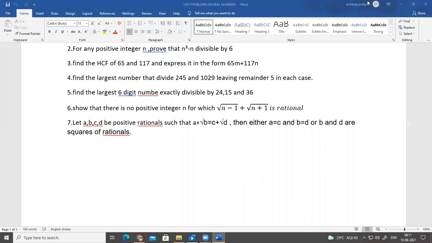Yeah, Ishwar. Sir, m equal to 2, n equal to -1. Yeah, can you show the process? Please show the process. How did you do it? Yeah, first you calculated the HCF of 65 and 117.